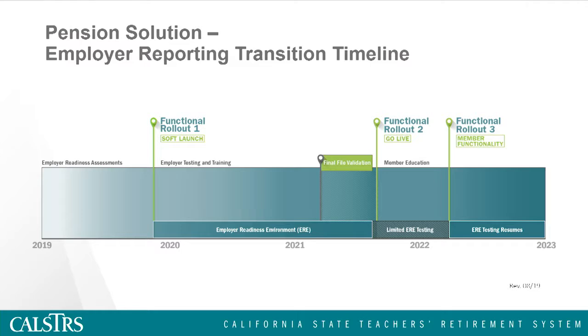You're also going to be able to test your current files that you submit through SO today. You'll be able to test those exact same files in the testing environment at FR1. And so you can upload those files, you can resolve the business errors, and you can, again, get a good feeling for the functionality that is being introduced during the new pension administration system.